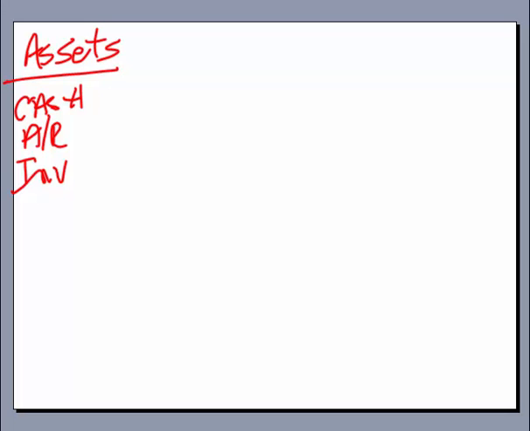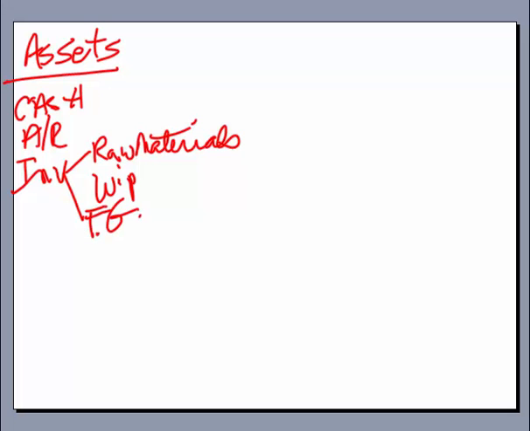In a manufacturing environment, that inventory account is going to be replaced by 3 inventory accounts. You're going to have a raw materials account, a work in process, and a finished goods. So you'll have 3 inventory accounts, and what you'll want to do in your accounting records is keep track of where all your resources are in each one of those accounts.